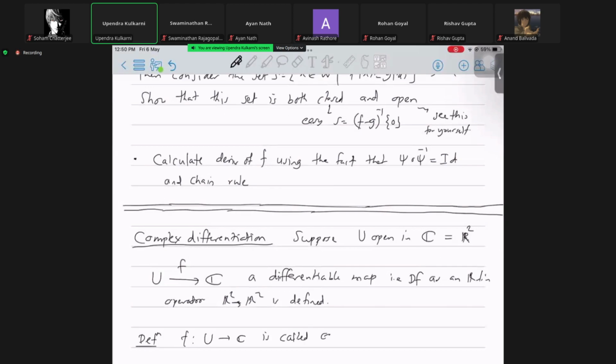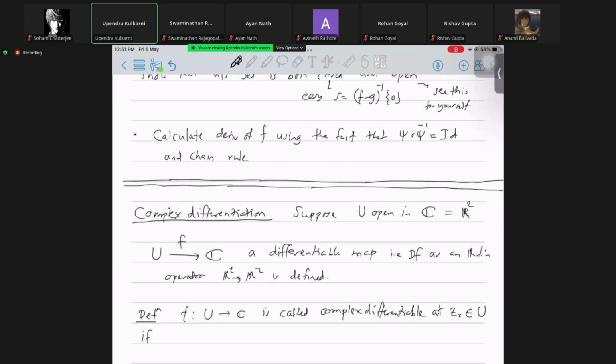It's called complex differentiable at, let's say, some z0 in U, if the limit as h approaches 0 of f(z0 + h) minus f(z0), divided by h, exists.